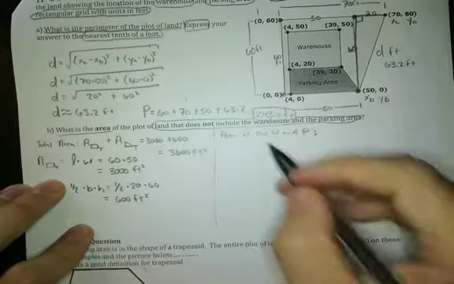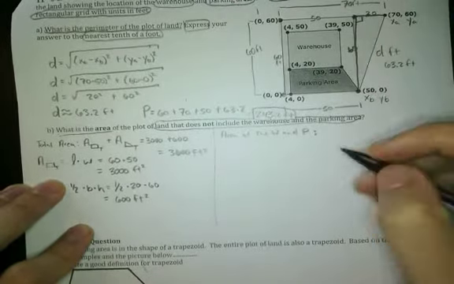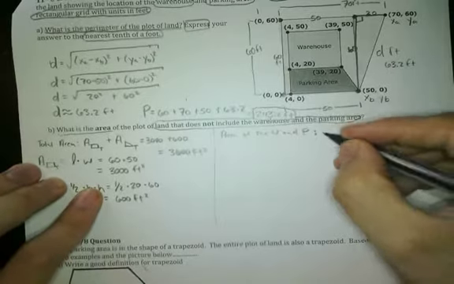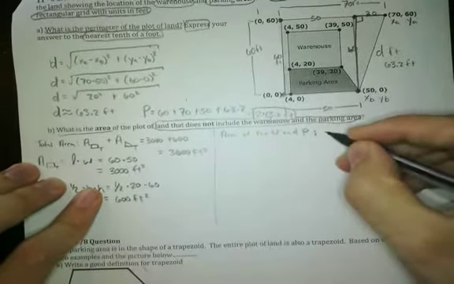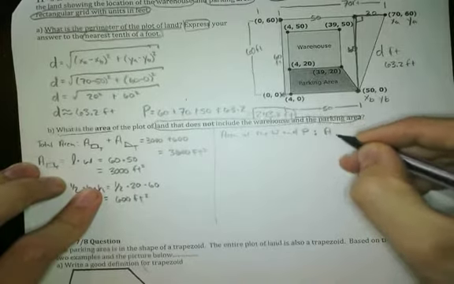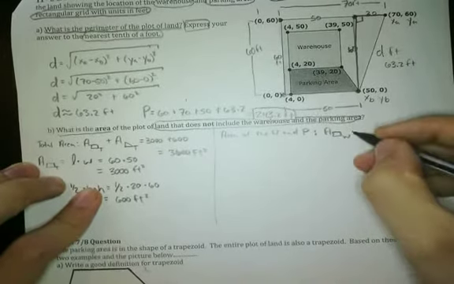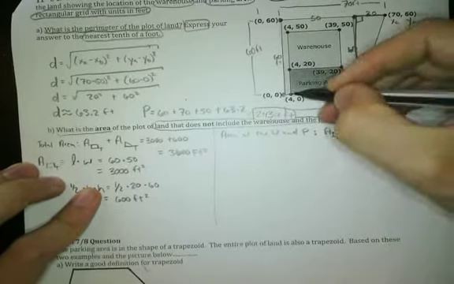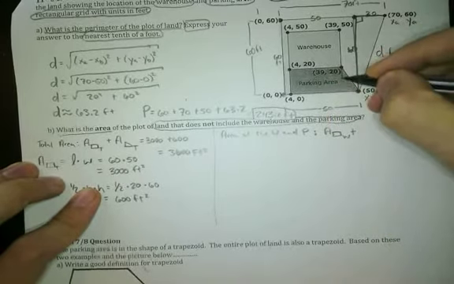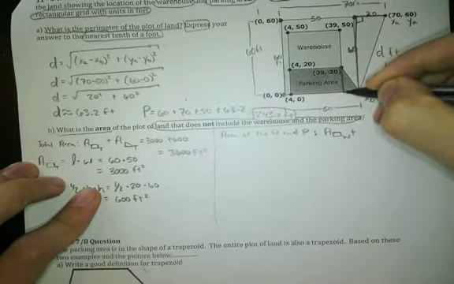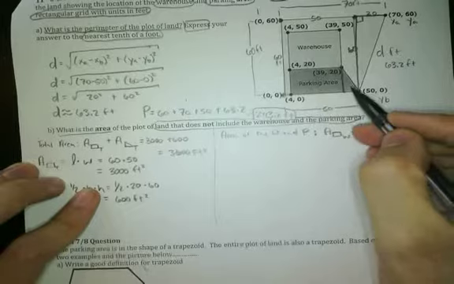The area of the warehouse, well, luckily the warehouse is a rectangle, so the area of this whole shape can be expressed as the area of the rectangle that makes up the warehouse, plus, once again, I have a trapezoid, so I'm just going to extend this line right here to change this trapezoid into a rectangle and a triangle.